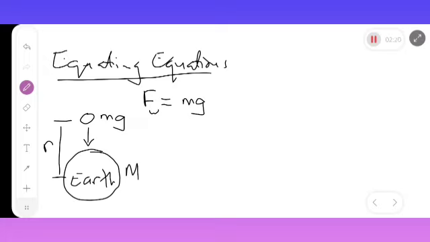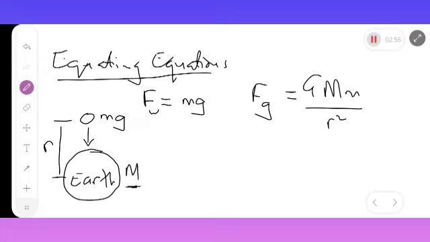Another concept we can use here is the universal law of gravitation by Isaac Newton. We can say the force due to gravity acting on the ball is equal to G, the universal gravitation constant, then M, capital letter M, the mass of the earth, multiplied by the mass of the ball, divided by the square of the separation distance.